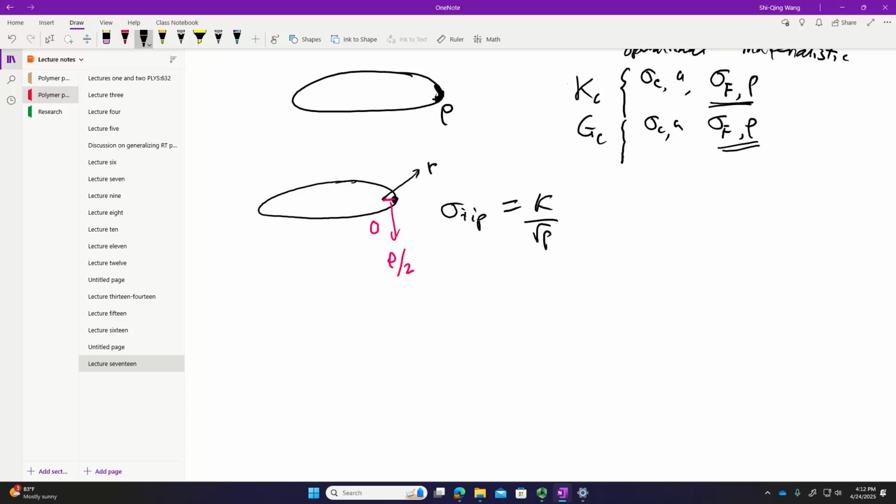Okay? So the R approaching the tip can only be half rho. Get it? Right? So R cannot be 0 when you approach the tip. And that does it.